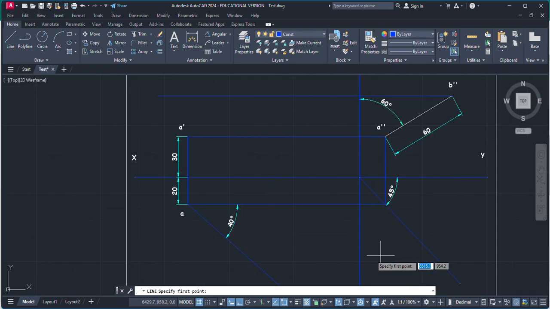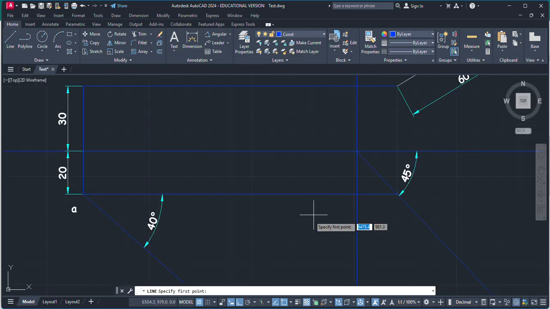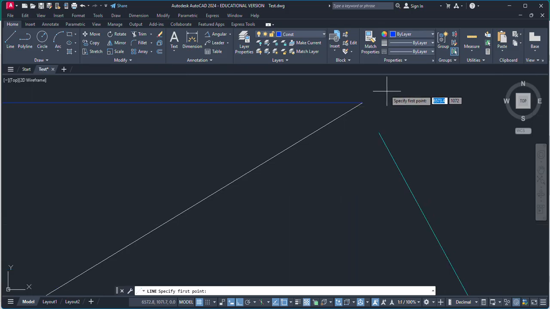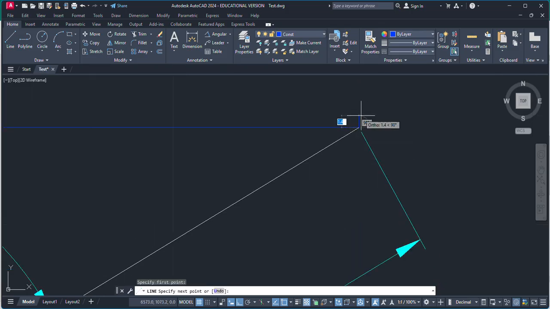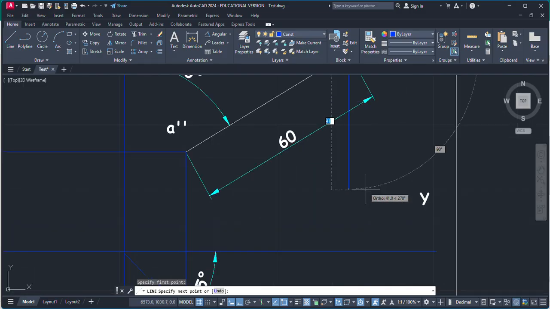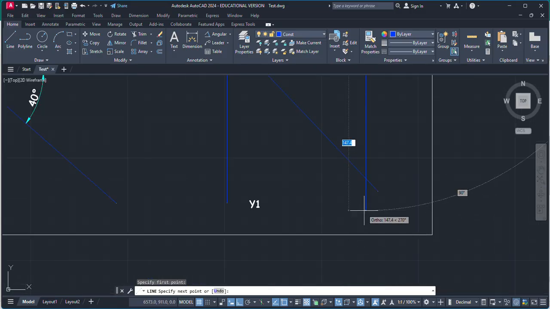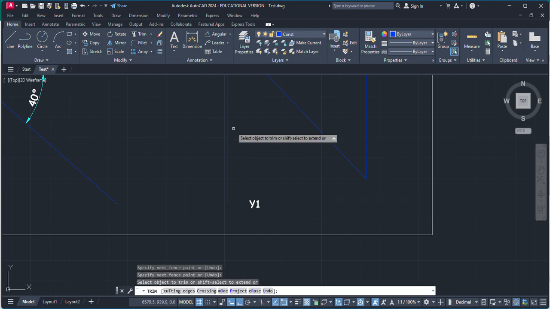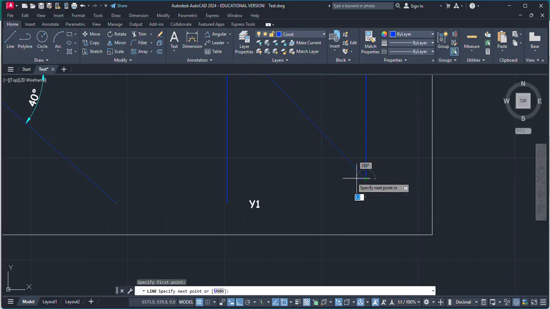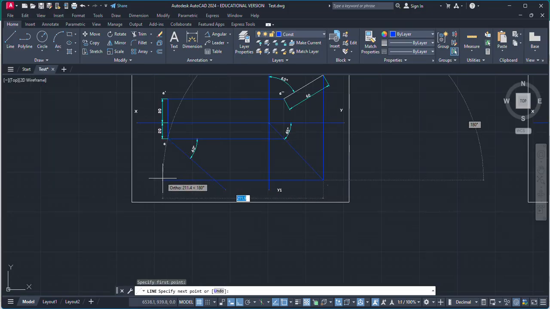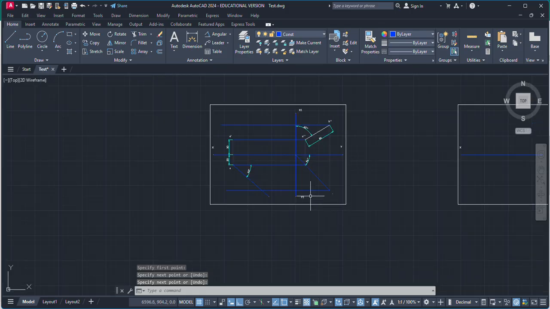Now for the top view we need the locus. So what we're gonna do is, from this B double dash, I'm going to draw a vertical line which will intersect with this inclined line. So up to here, this is a point of intersection. Now from this point I need to draw a horizontal line. Now this is the locus for top view.